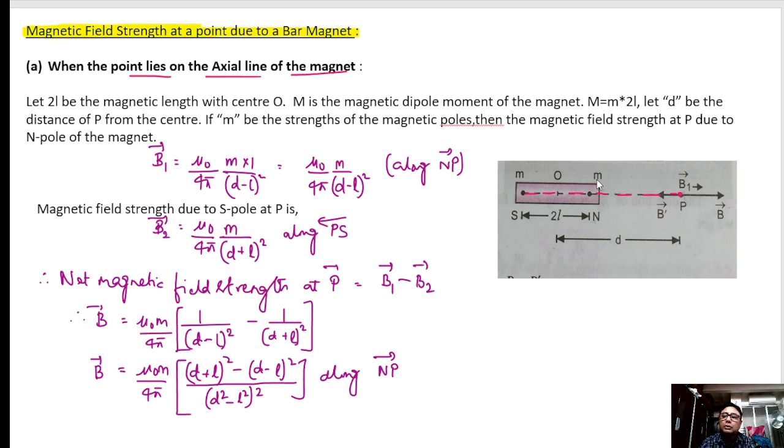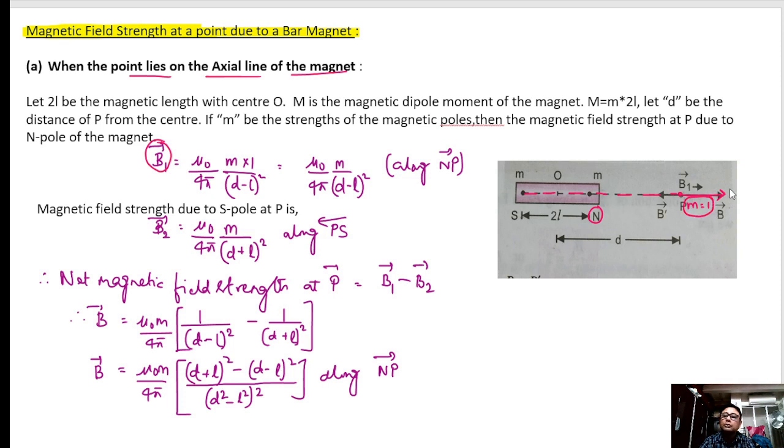So as we know, the magnetic field strength at P due to the north pole will always be directed away. So this is the magnetic field strength due to the north pole. So it will be mu0 by 4 pi. Here a pole strength of 1 is kept.